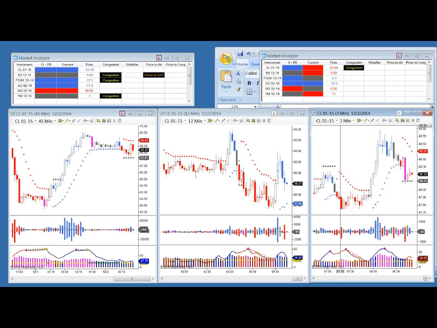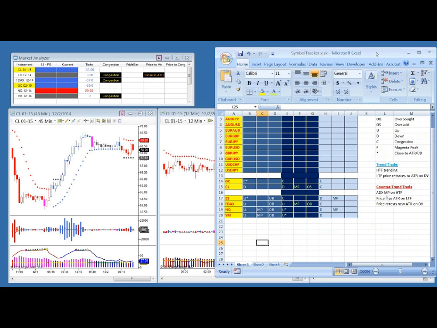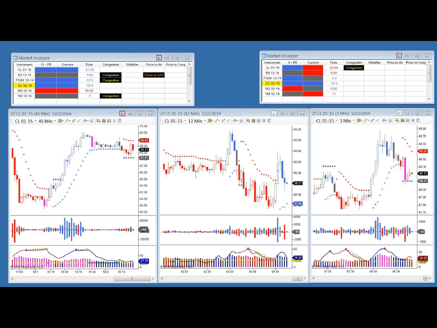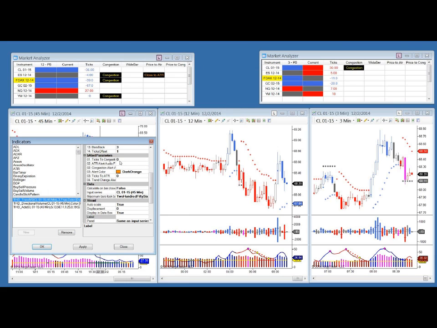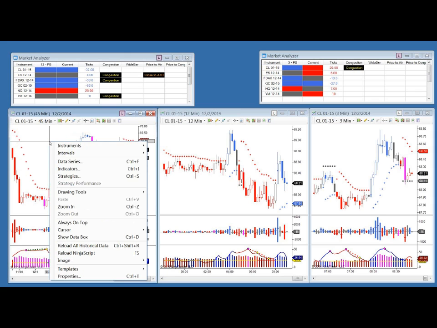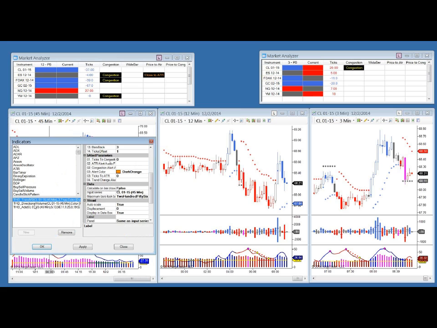All right, now, I'm going to get rid of this for a moment, and I've got that on another screen so I can refer to it anytime I need it, okay? Now, I need to change something on here. I got to make sure I'm on the right chart. Okay, this is the 45-minute chart.